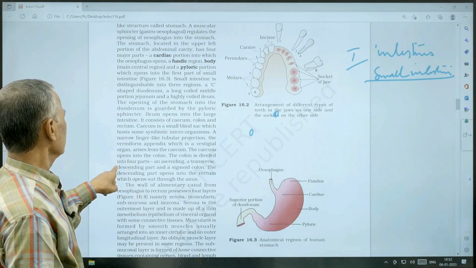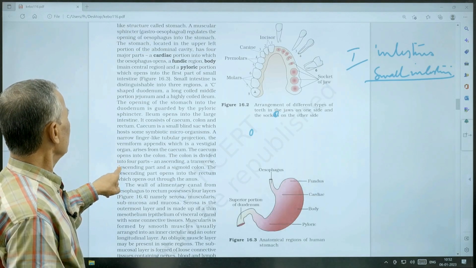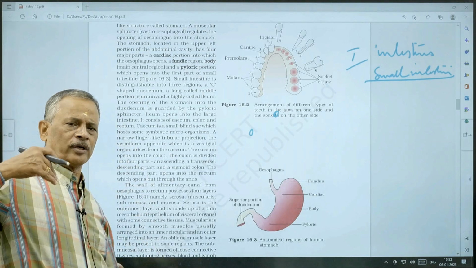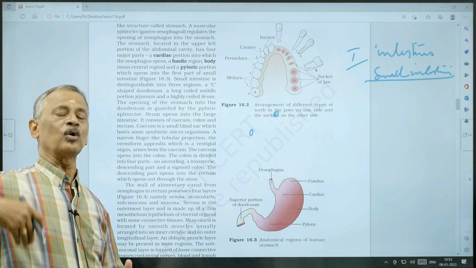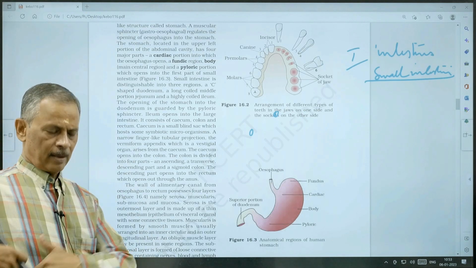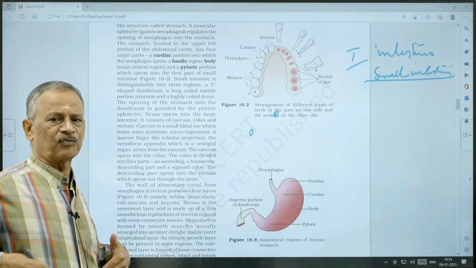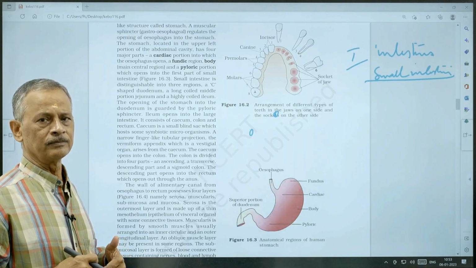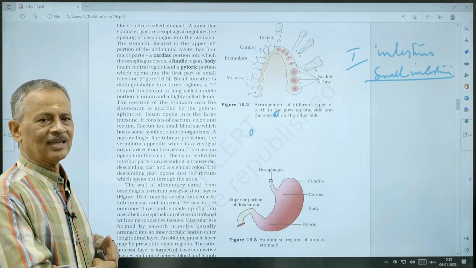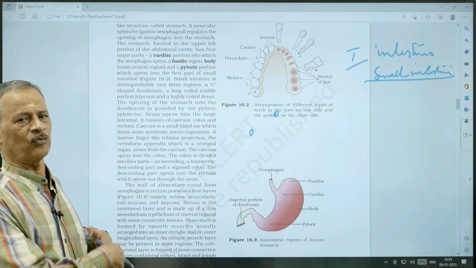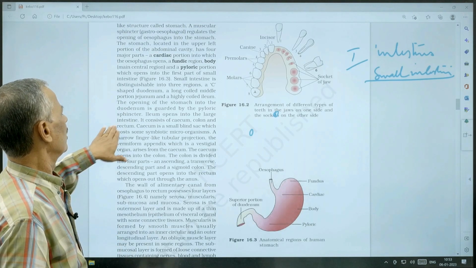The colon, the first part will be going upward, ascending up. So it's called ascending colon. Bends and is having a flexure on the right hand side, reaches the left hand side, again undergoes a flexion or bending and comes down.